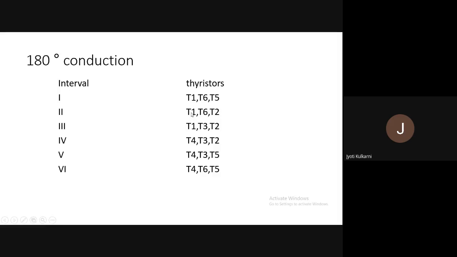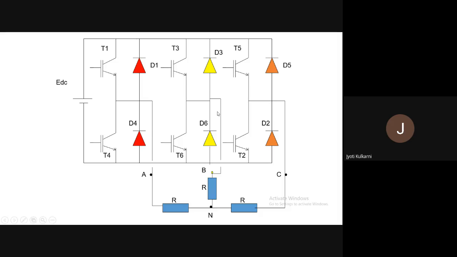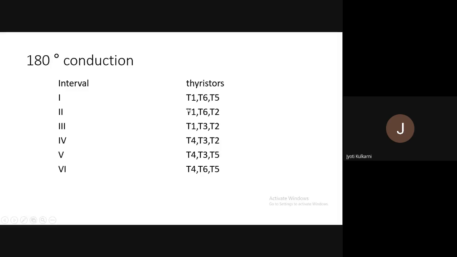So I have noted T1, T6, and T2. Okay, let's see the diagram again. Second is in the C branch, 6th is in the B branch, and T1 is in the A branch. So with respect to phase sequence A, B, C, how will I note them in the conduction sequence? 1, 6, and 2. So T1, T6, and T2.